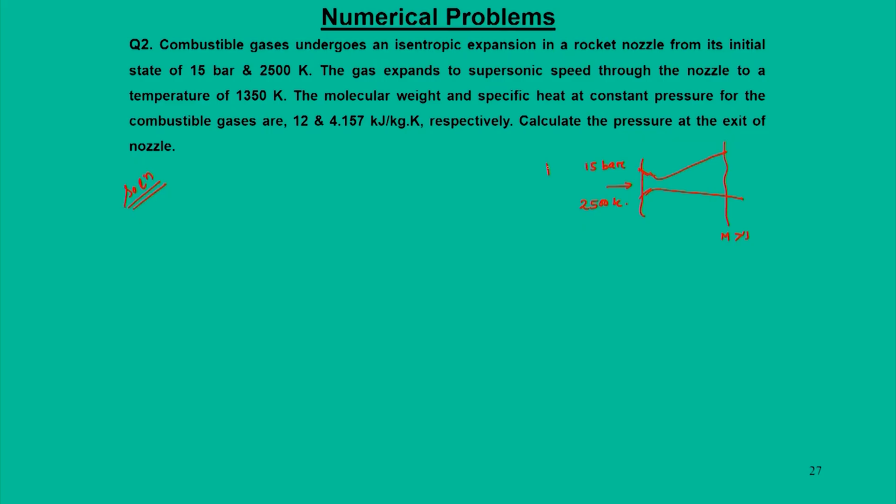So, we can say P1 is 15 bar, T1 is 2500 Kelvin, T2 is given as 1350 Kelvin. So, it is a nozzle.